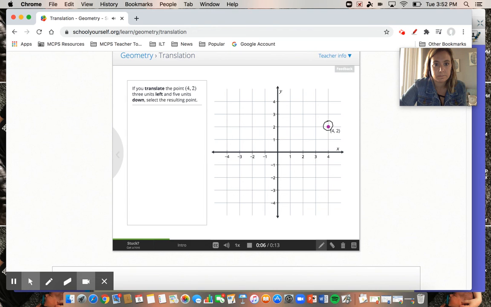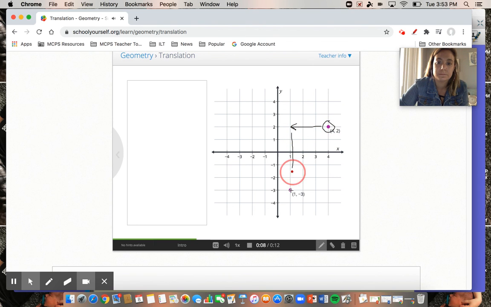If you translate this point 3 units left and 5 units down, then where do you wind up? Select the resulting point. 3 units left and 5 units down. 1, 2, 3, 4, 5. Nicely done. So if you start at 4, 2 and you translate this point 3 units left and 5 units down, then the resulting point is 1, -3.